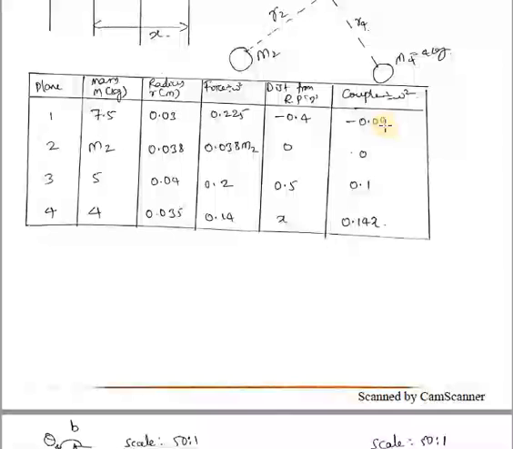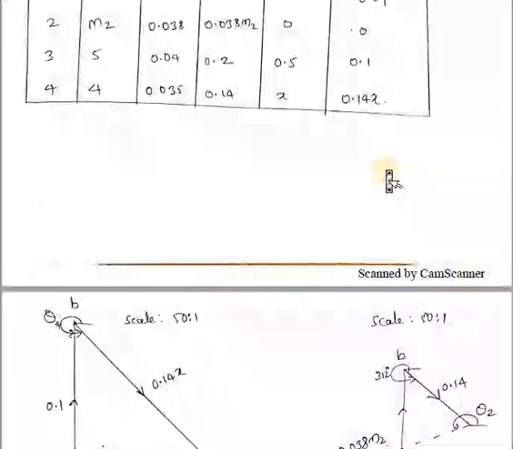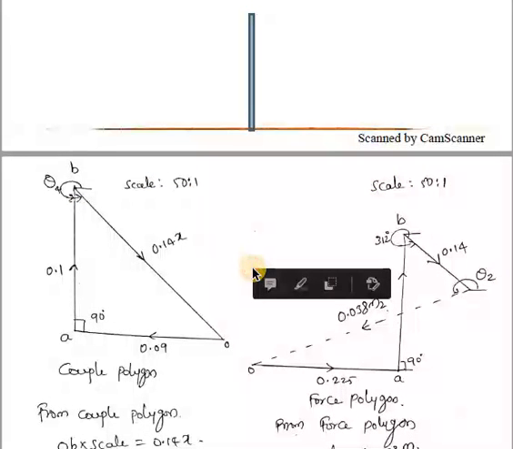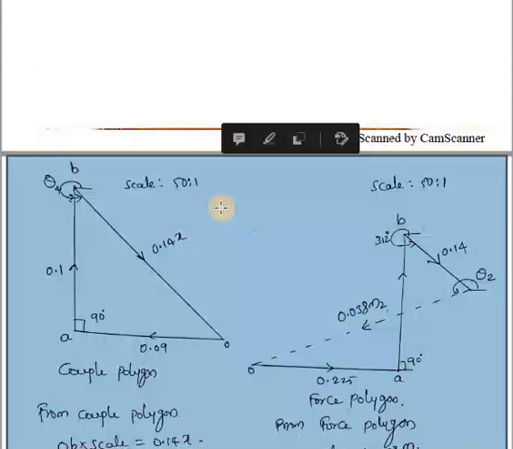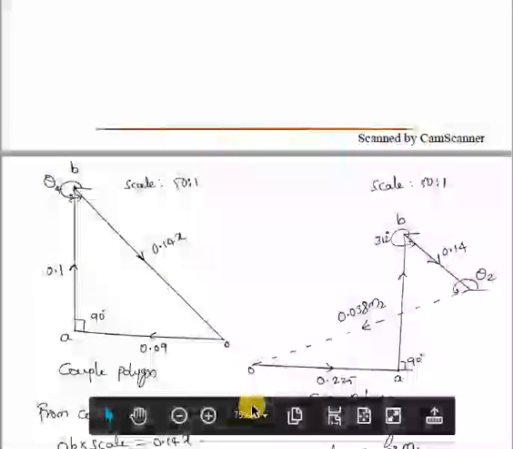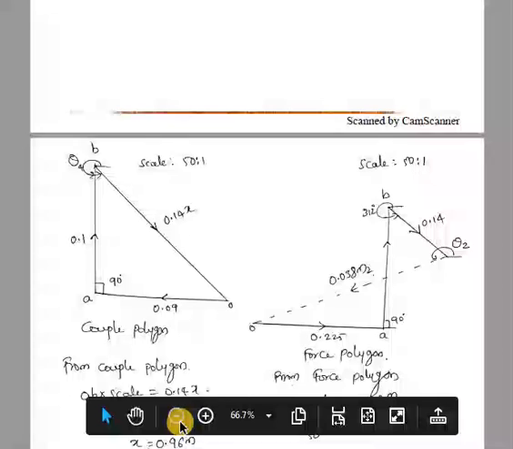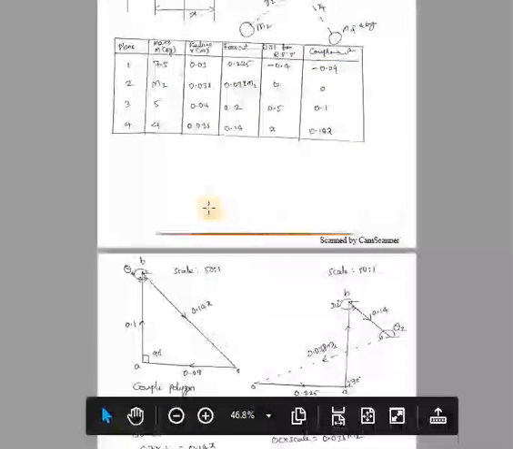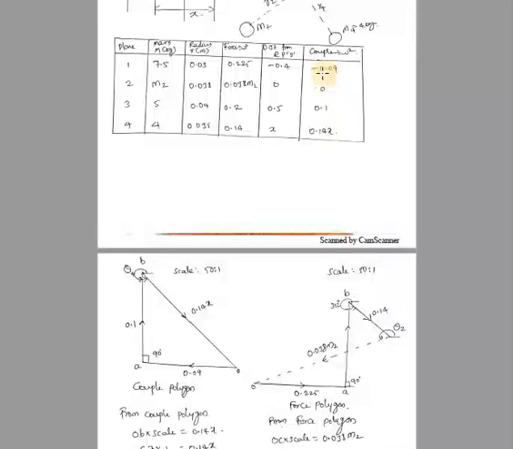Okay, so we know the magnitudes, and we know the angle between 1 and 3. So here, to draw the couple polygon, the first magnitude is 0.09, with the negative sign.